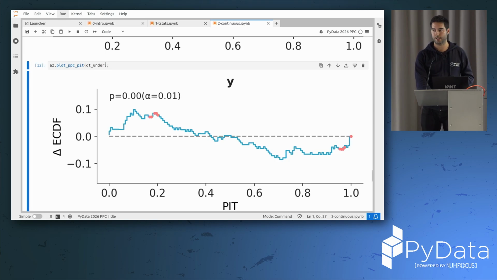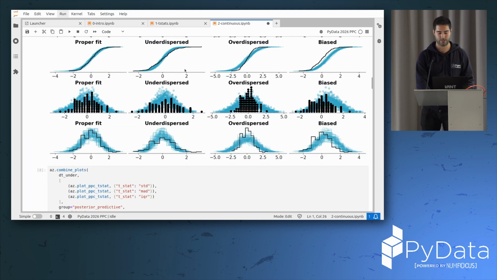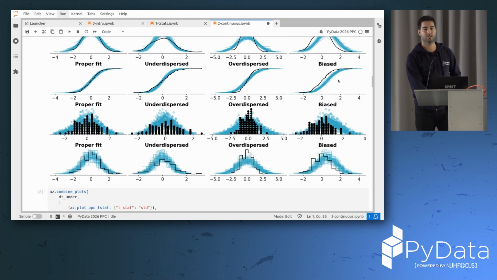And anybody wants to venture a guess about what will happen when we generate this difference between ECDFs for the biased? If we go back and look at this, at the biased, what's happening? Yes.